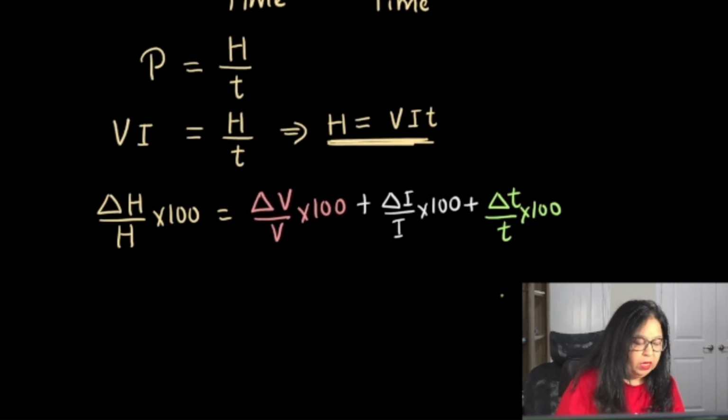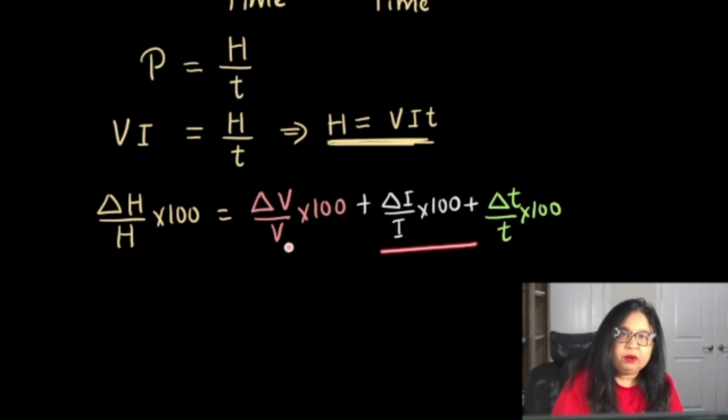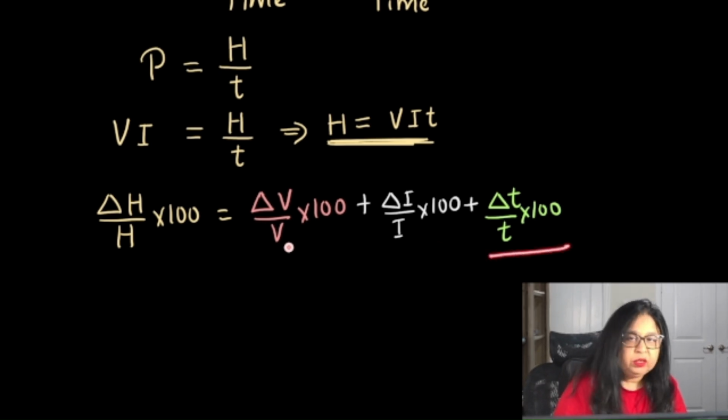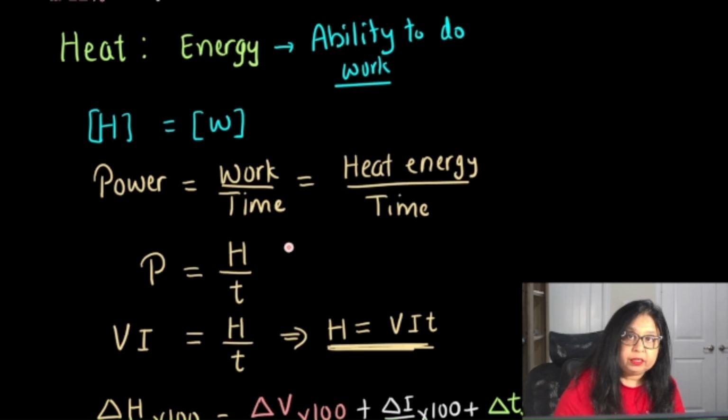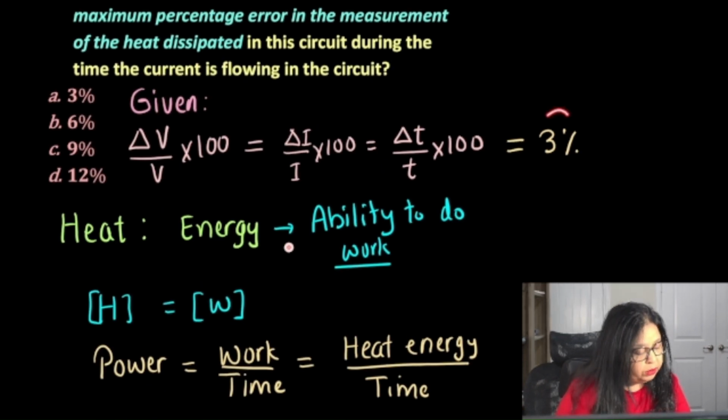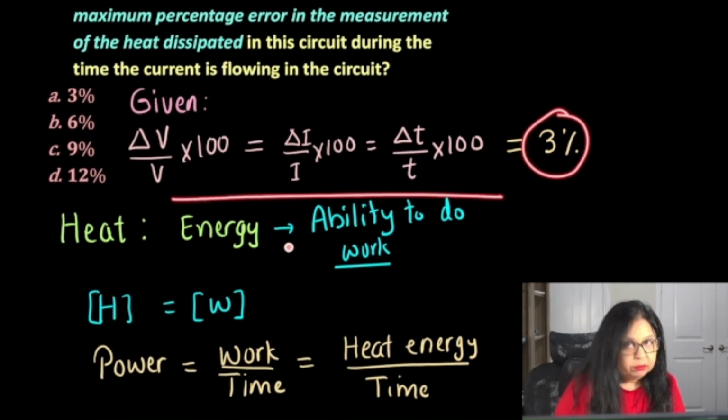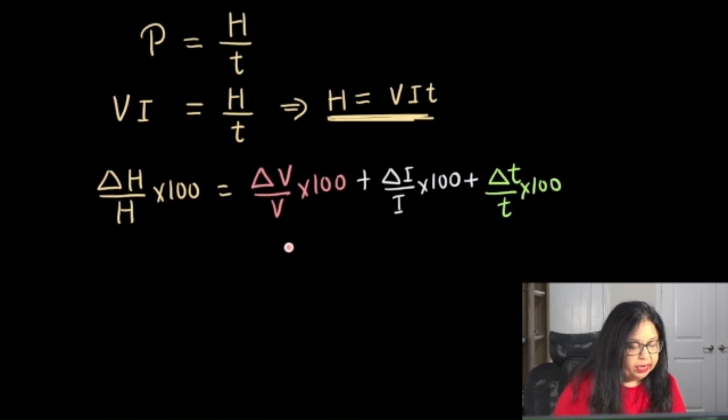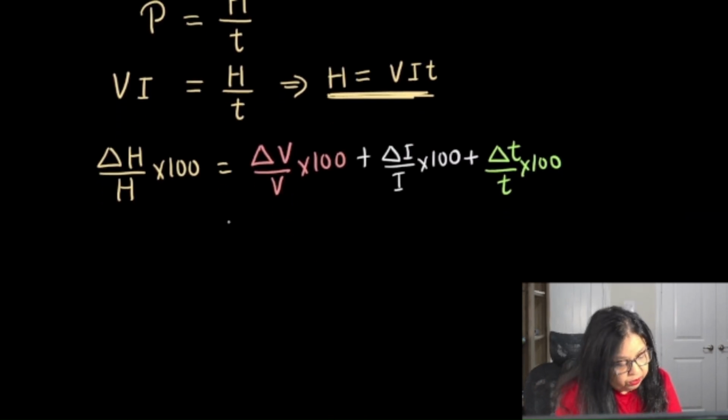Okay, here we go. Now we know that the percentage error in voltage and the percentage error in the current and the percentage error in the time for which the current is flowing through the circuit, all three of them are equal to what? 3% here. So let's go ahead and plug in each of the three terms in this equation as 3.